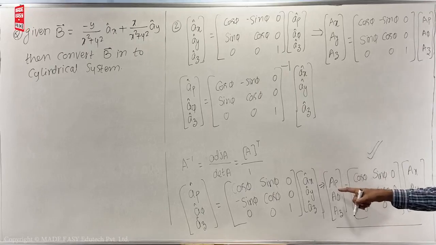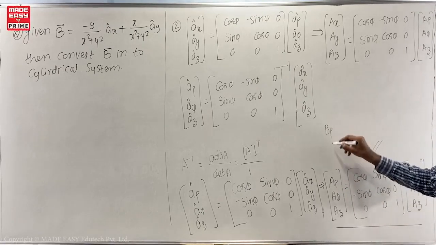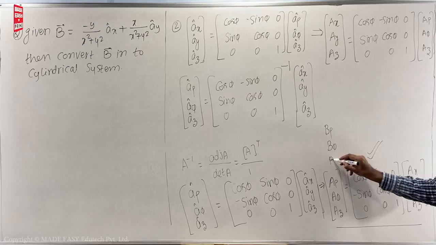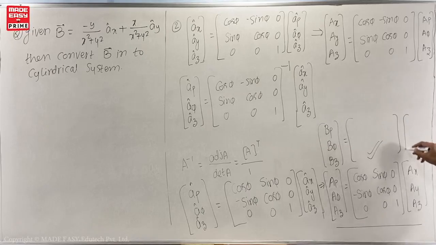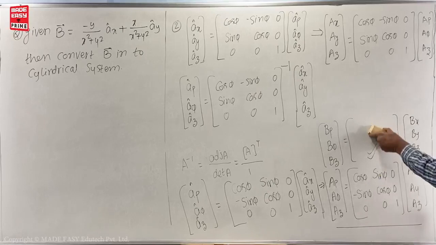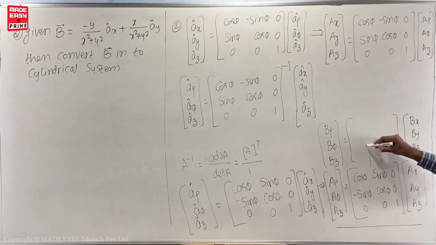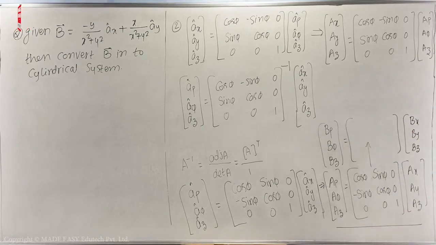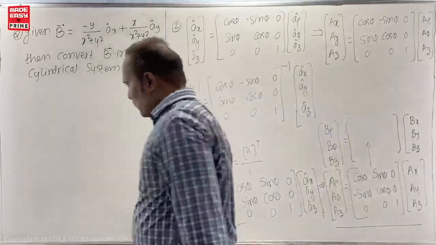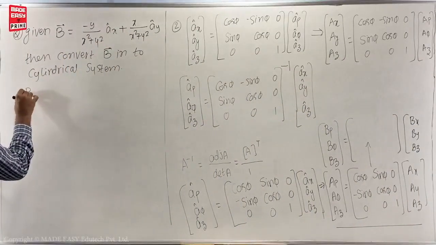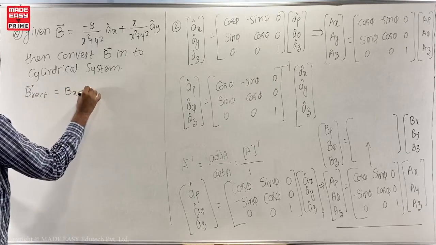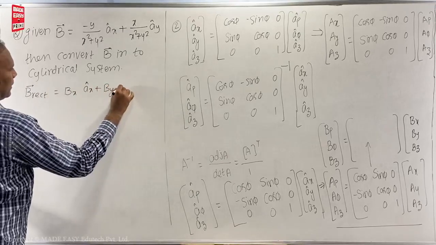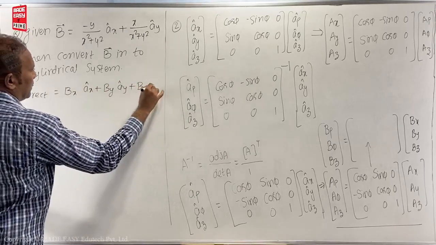In place of a bar, they want b rho, b pi, bz for the b bar vector, and then write this. Then they have given bx, by, bz. You have to write this one as it is. Actually, b bar vector in the rectangular system is bx ax, by ay, bz az.